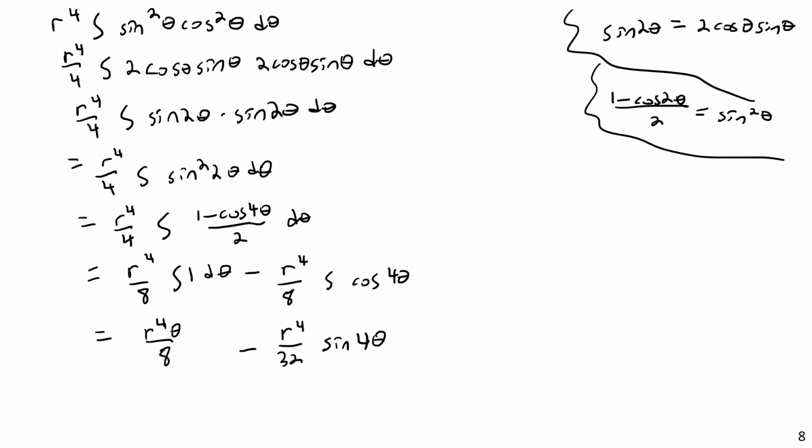So now we just need to apply our bounds. So I'm going to bring this back, and since we already got rid of the integral sign, I'll just write this as r to the fourth over 8 times theta minus r to the fourth over 32 times the sine of 4 theta, evaluated from 0 to pi over 2.